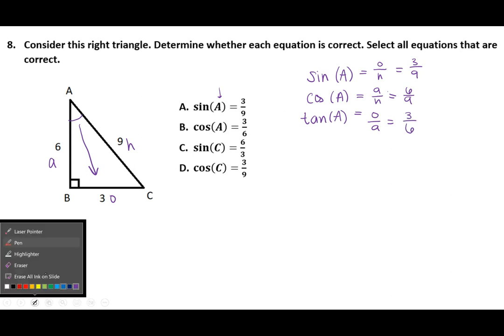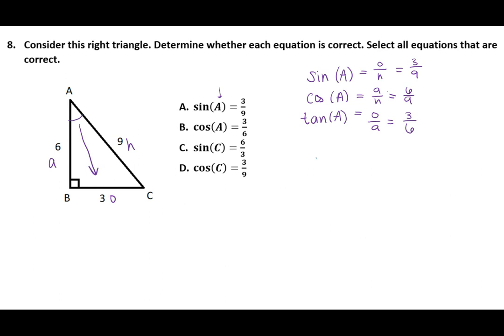Okay, now let's do sine of C, cosine of C, tangent of C. Right here, this is going to be the opposite, adjacent, and hypotenuse.